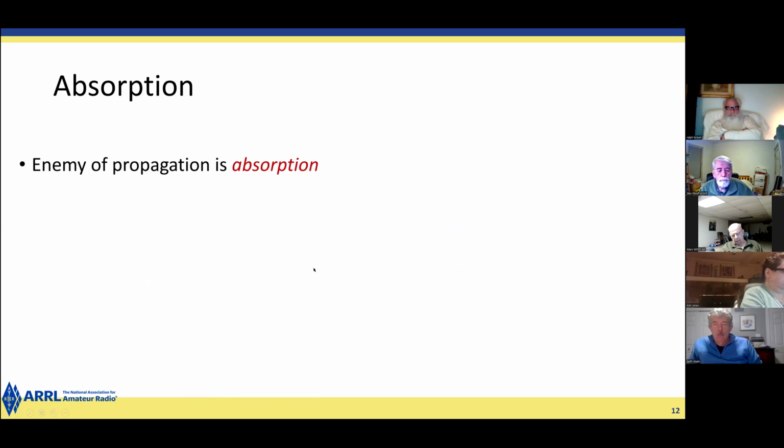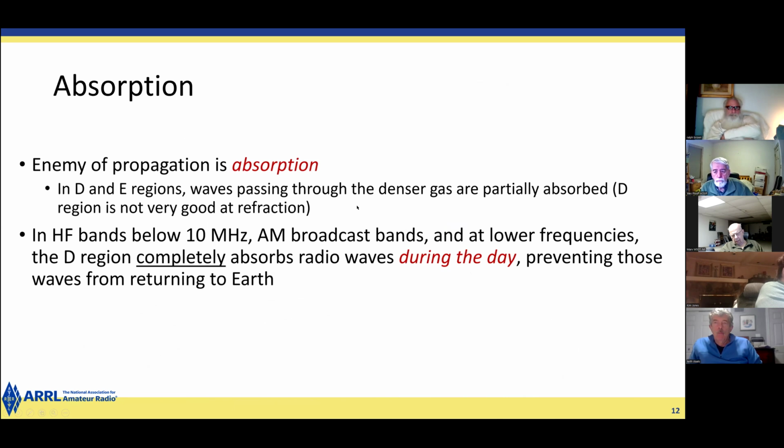So the enemy of propagation is absorption. The radio wave energy is absorbed by the atoms in the ionosphere. In the D and E regions, radio waves, especially at lower frequencies, are absorbed by the denser gases.